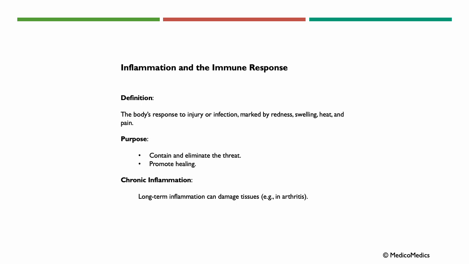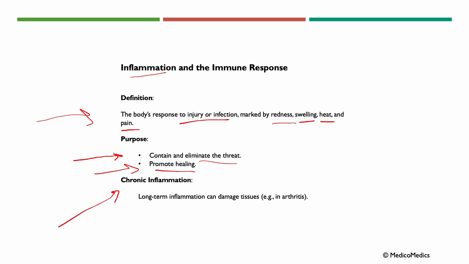Now, inflammation and the immune response. So the body's response to injury or infection is inflammation, and it is marked by redness, swelling, heat, and pain. And the purpose of inflammation is to contain and eliminate the threat and to promote healing. But you can have chronic inflammation, where you have a long-term inflammation that keeps going on, like in arthritis.